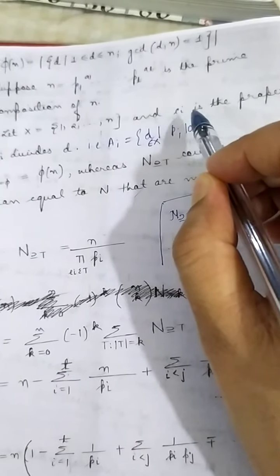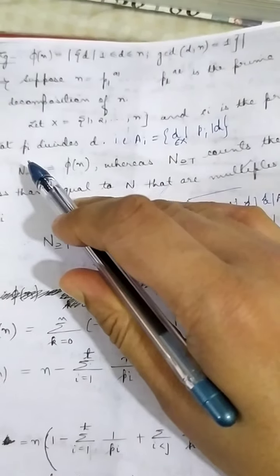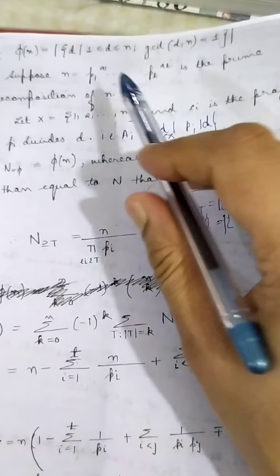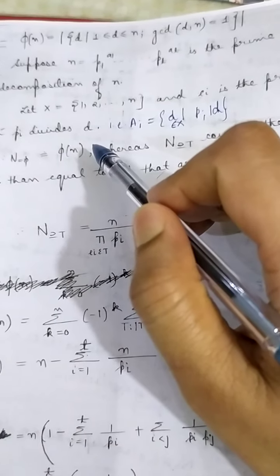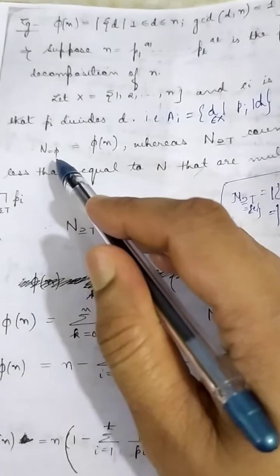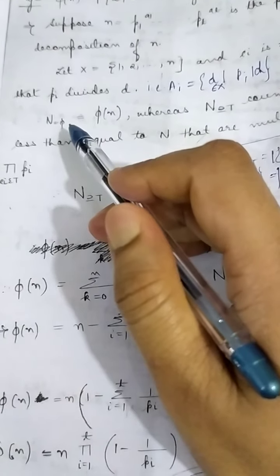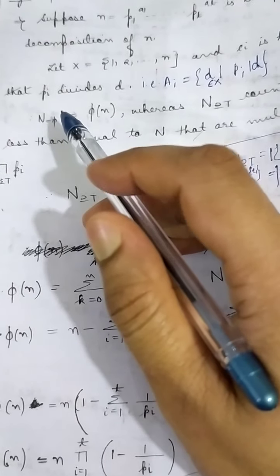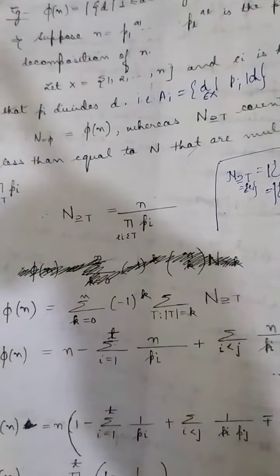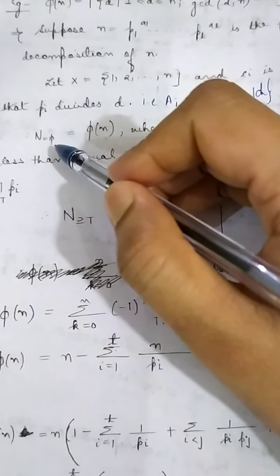The first property e1 is nothing but p1 divides d. The second property is p2 divides d. So there are t primes, and therefore pt divides d. So N equal to phi is actually the number of elements which satisfy the properties in phi, but there is no property in phi.